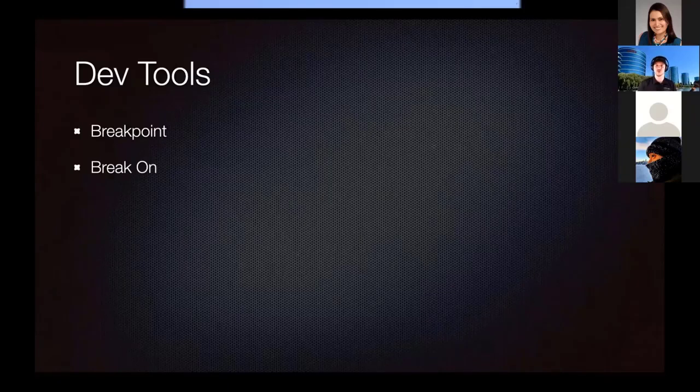So if we have a look at the JavaScript side, we can use things to help us debug everything. So obviously there are breakpoints that you can define, or you can use break on. That's a feature. It's pretty similar to the breakpoint, but basically you can toggle a breaking on a specific element that will be listening in on a change on that specific element.